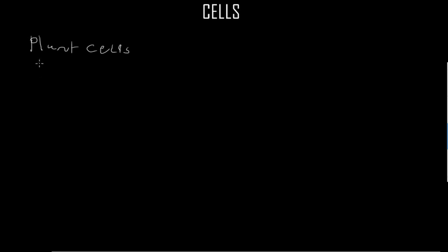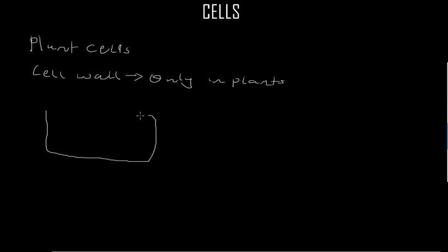Firstly, there is what is known as the cell wall. So cell walls are only present in plant cells, only in plants. So remember how I told you to say the cell membrane is the outer cover of a cell. So let's assume this is a cell, a plant cell. As you can see, it's got a regular shape.